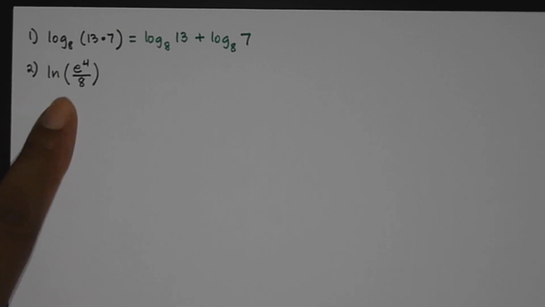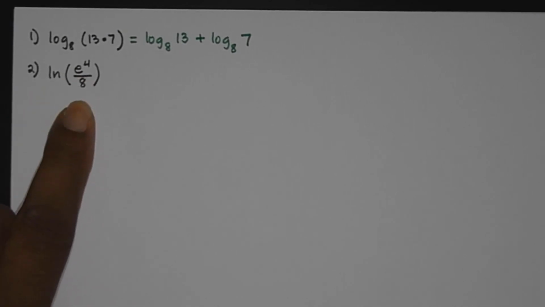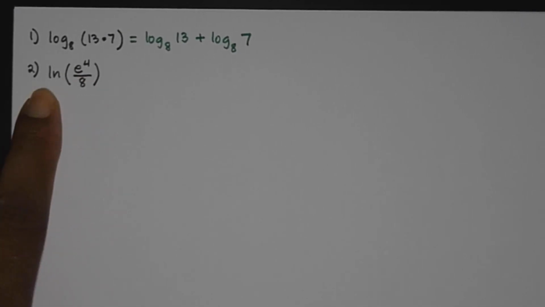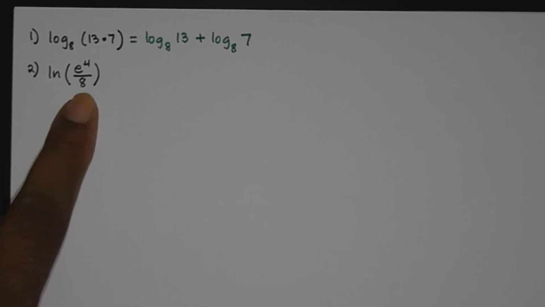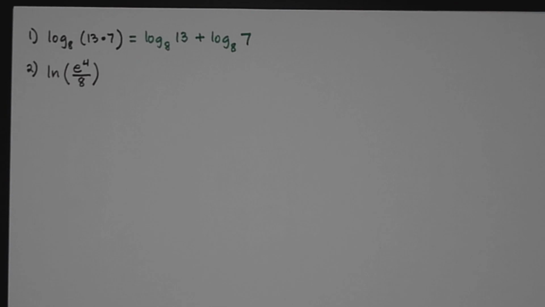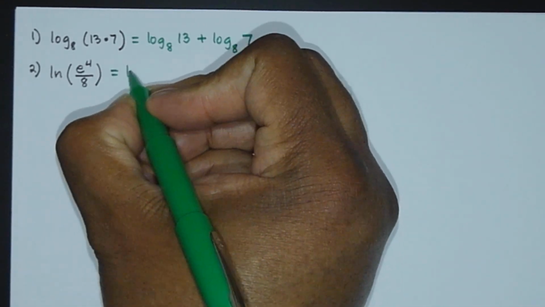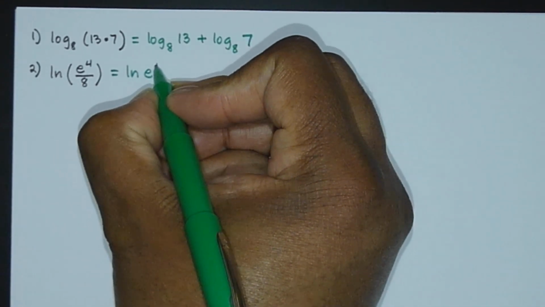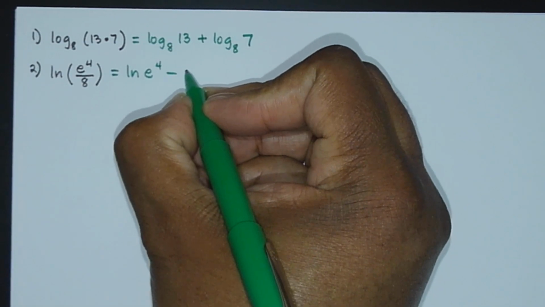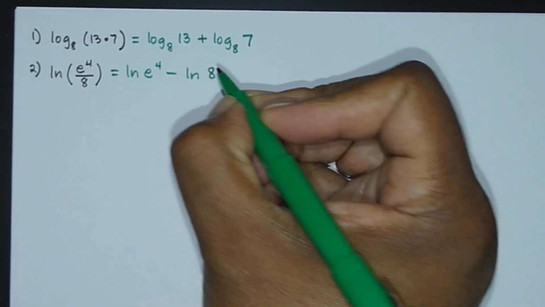This time the quotient rule, because notice I have a numerator and a denominator, so that tells me I have a natural log of the quotient, so I can apply the quotient rule by expanding it as a difference of their individual logarithms. So ln of e to the fourth divided by 8 will be ln of the numerator, e to the fourth, minus ln of 8.